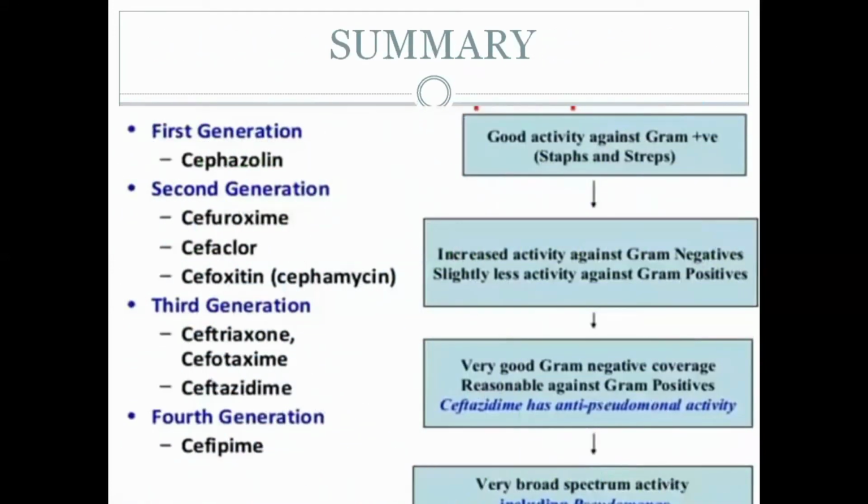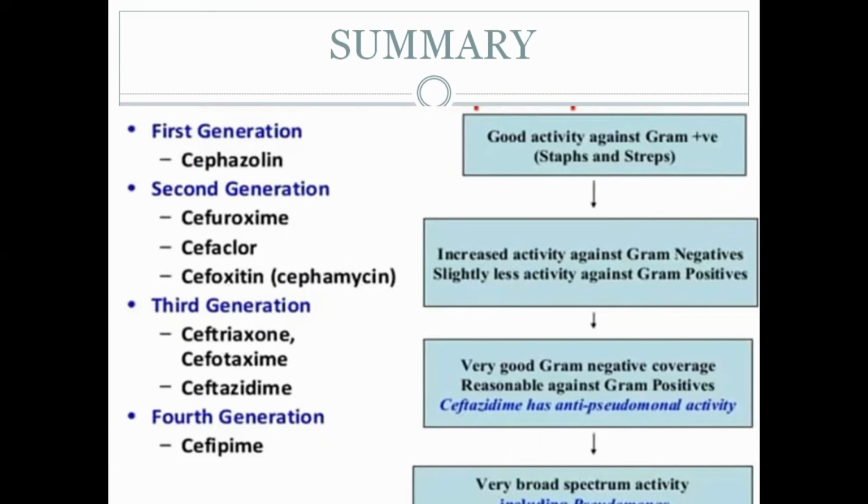In summary, we are saying that in the first generation we have cefazolin as an example, and we've seen the examples of first generation. In the first generation, they have very good activity against gram-positive, and this includes staph and strep, while in the later generations there is increased activity against gram-negative as you move away from first generation to the fifth generation.